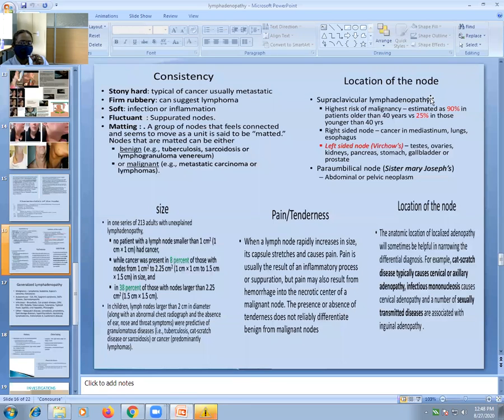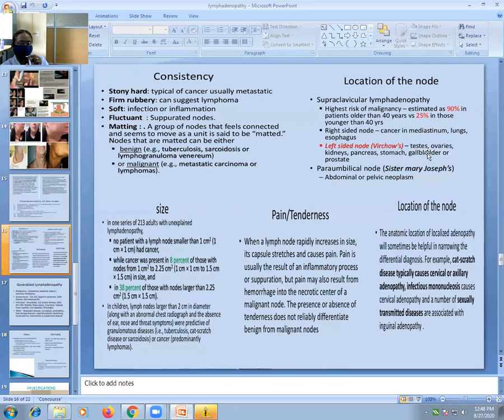Then the location of the lymph node is also very important. As we discussed, a supraclavicular group of lymph nodes always suggests underlying malignancy, a great risk of malignancy, particularly from the mediastinum, lung, and esophagus if right-sided.